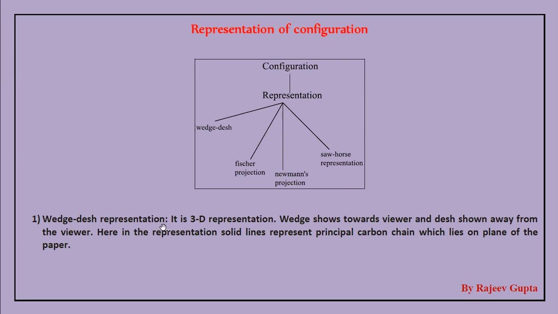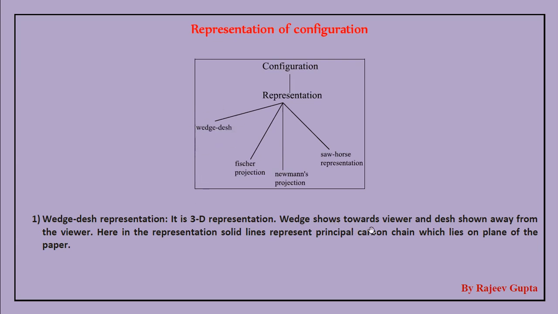Wedge-dash representation is a 3D representation. 3D representation means we can observe a drawing of a molecule with its stereo, meaning which part is on our side and which part of the molecule is away from us.